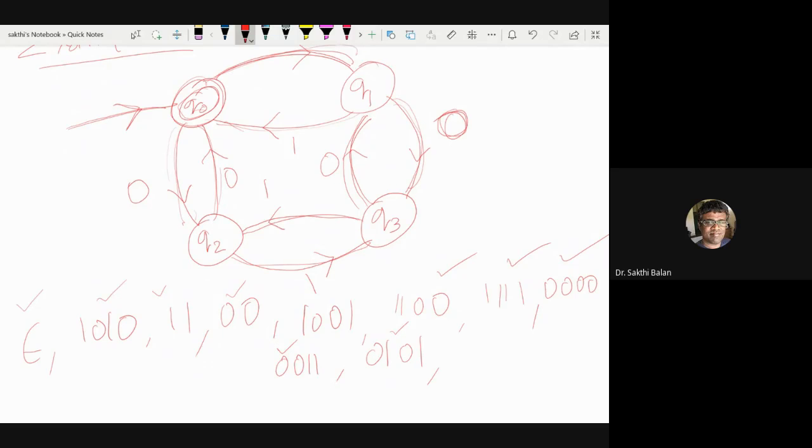So any other strings? Or can you generalize this? What kind of strings are you getting here? Yes, quickly. It's not very difficult. Just try to guess it. You will be able to tell me. The last batch, they found out the answer.